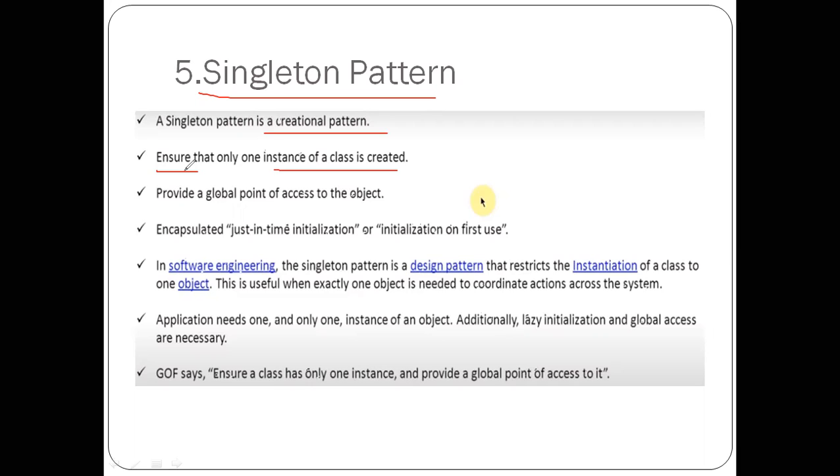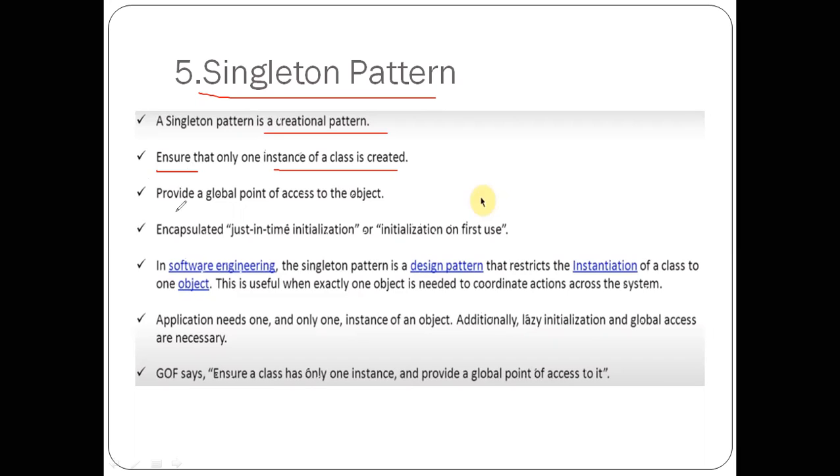How many instances do we need in that class? Only one instance. That instance may be a lion. The class is animal, and it has only one instance, the instance name is lion. Like that, here we are going to create a class.